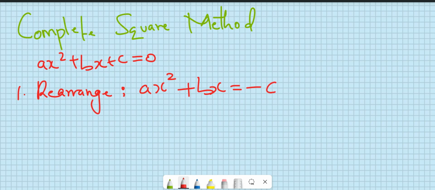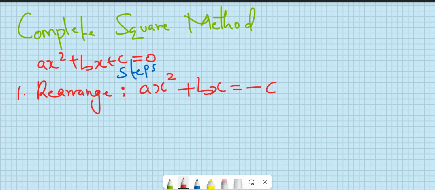These are the steps. So that is the first step.